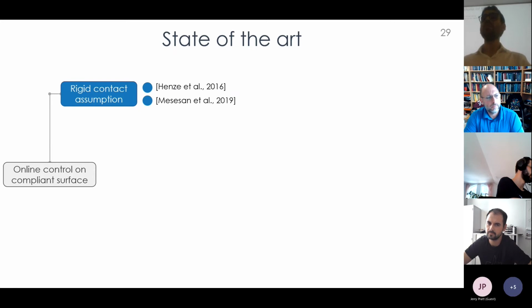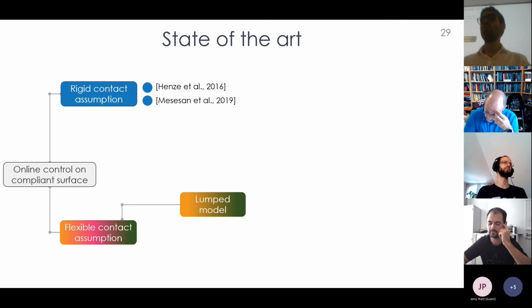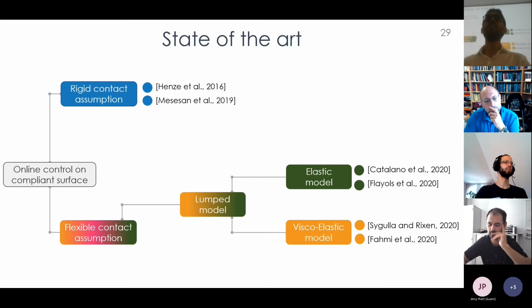And actually, there are several papers where passivity-based and robust controllers show that a humanoid robot can balance on viscoelastic environments. The opposite direction is to model the flexibility of the contact, and this can be done using lumped models. Those models in general rely on few parameters, two or four, and they can be elastic or viscoelastic. The first one models just the elasticity of the contact, while the second one models the viscoelasticity.